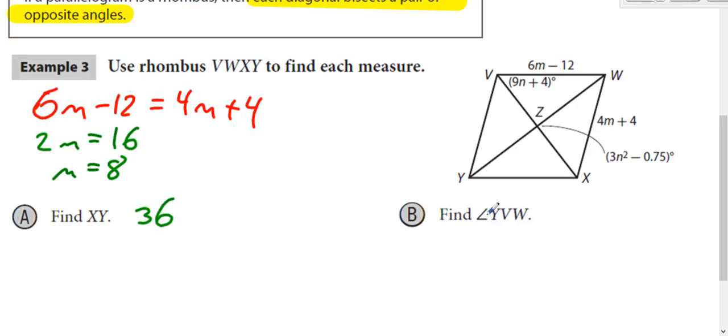Then to find the measure of angle YVW, that's this entire angle up there, we have to use a couple of properties. We first have to find out the value of n. So we can get that right here.